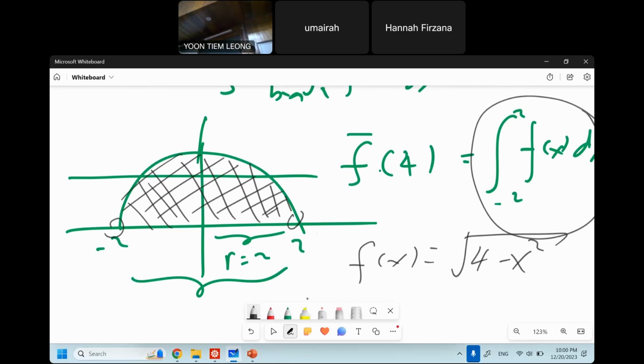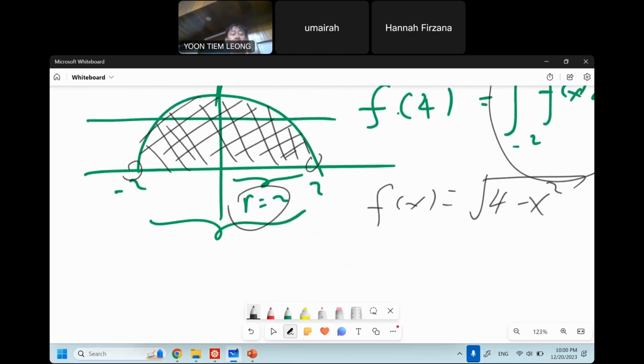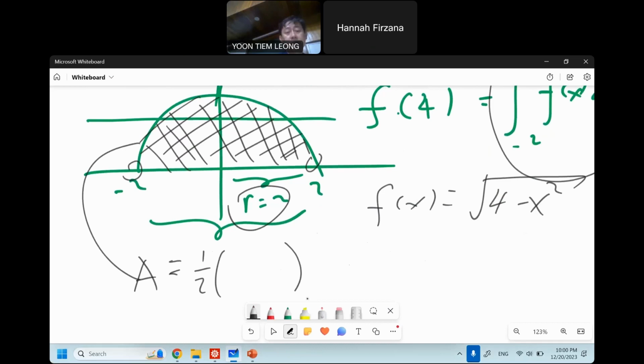And what is the area of this curve? The area of this curve is half the size of a circle, and this circle has a radius of r. Therefore, the area of the semicircle is just equal to half of the circle, which is half of pi r squared. So here, r squared is 4, r is 2, so you have 2 pi.